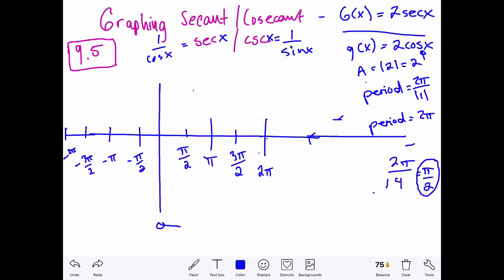If we went from 2 pi plus pi halves, that'd be 4 pi halves plus pi halves, that'd be 5 pi halves, then 3 pi, 7 pi halves, and eventually 8 pi halves, or 4 pi.